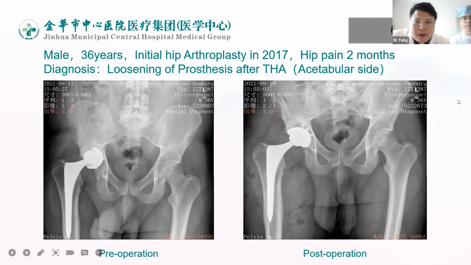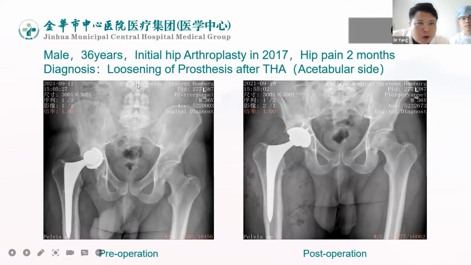a young man, 36 years old. This patient is a foreigner from South Africa, and it is a revision case. His history is an initial hip arthroplasty in 2017.